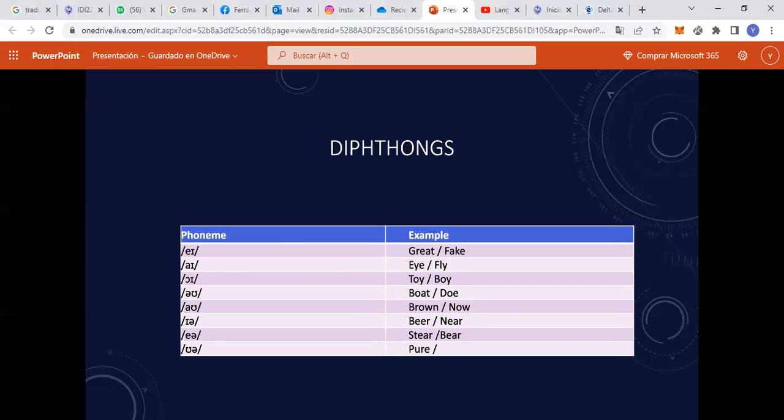Diphthongs. All right, so diphthongs are a very fun topic. Let's go ahead and read these examples.